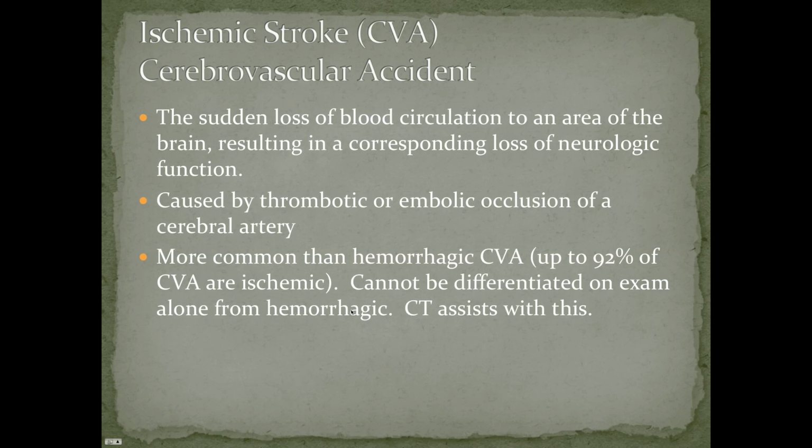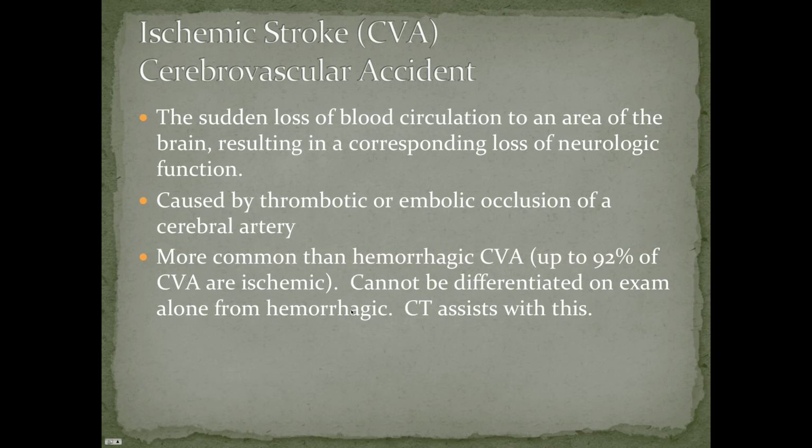I don't think anybody ever explained it to me quite that simply when I was in school, but if you think about it that way, it's not that hard. It can be caused by thrombotic or embolic occlusion, so that basically means either the pipes are clogged or something broke loose and went downstream and clogged an otherwise patent piece of plumbing that was leading to the brain.